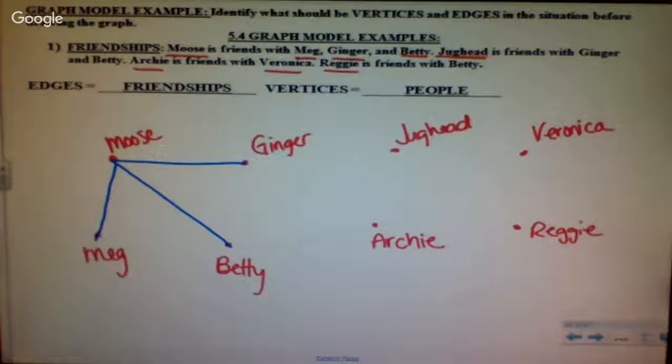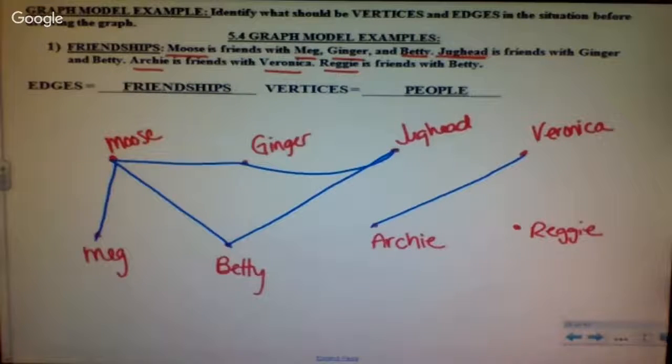Then it says, Jughead is friends with Ginger and Betty. So we need to connect Jughead with Ginger and Jughead with Betty. Archie is friends with Veronica. And Reggie is friends with Betty.